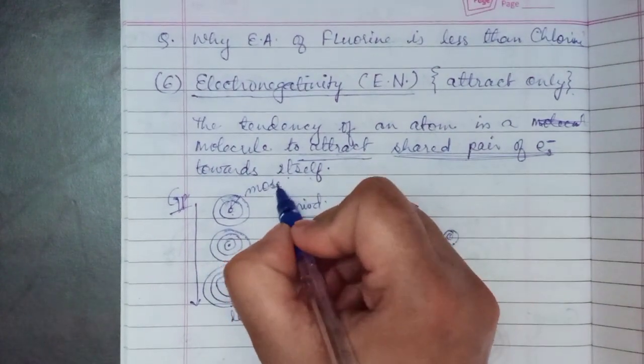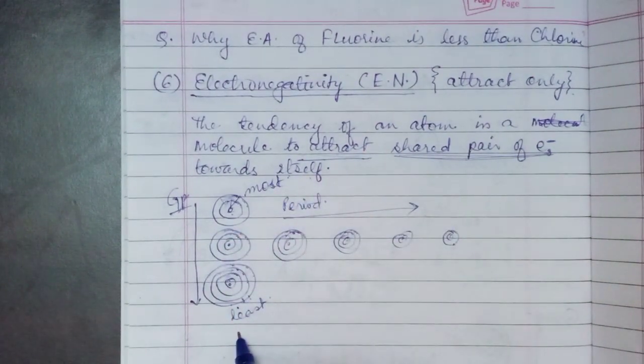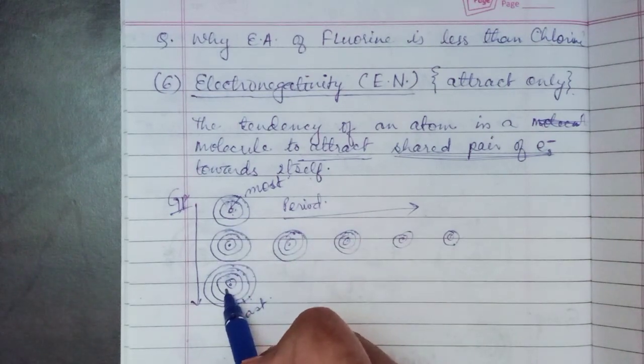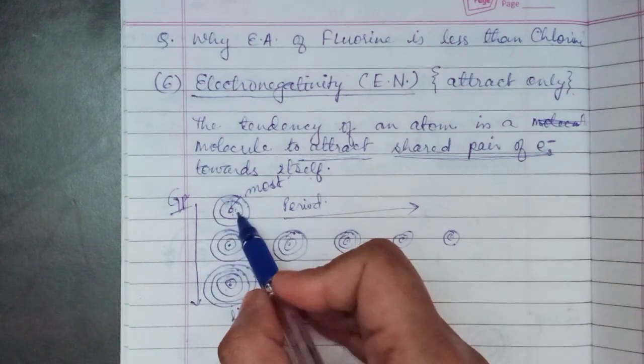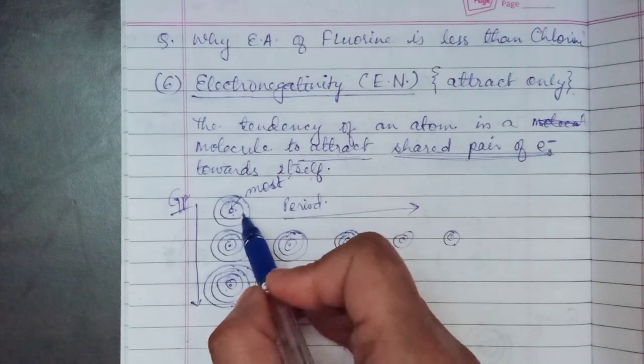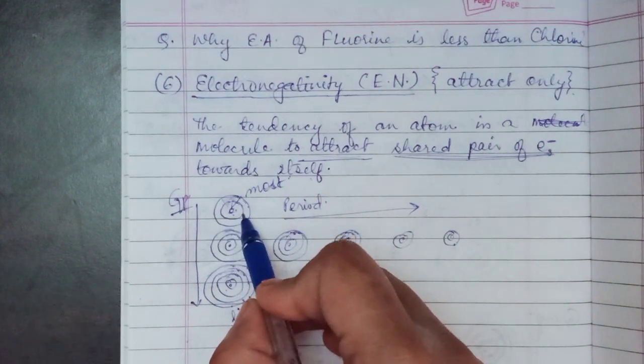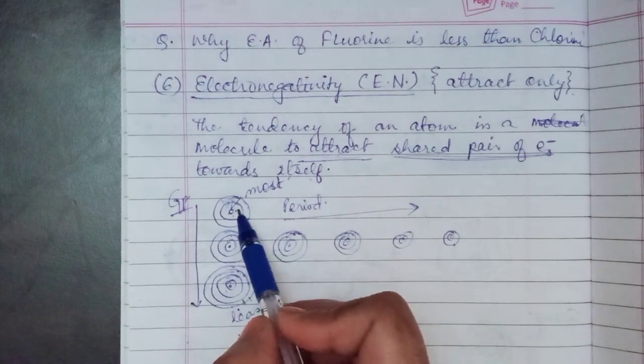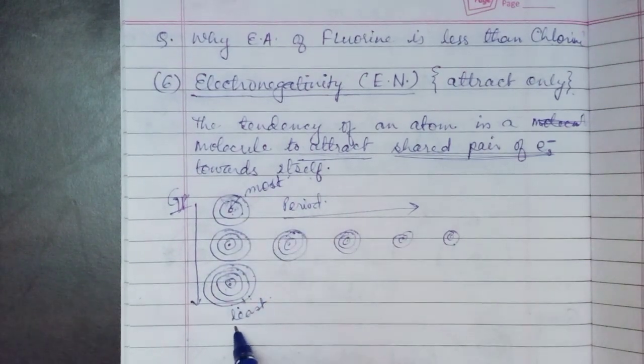Okay, most here and least here because the nuclear pull is very strong here and very weak here. And here the number of shells or size of an atom is small, and here the size of an atom is big. So the attraction power will be most here and least here.